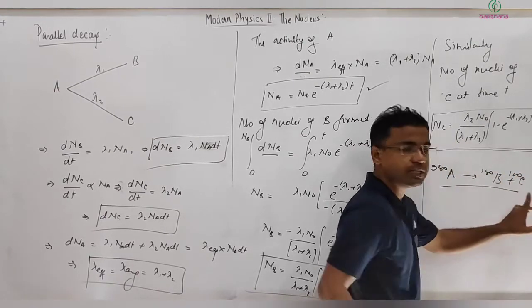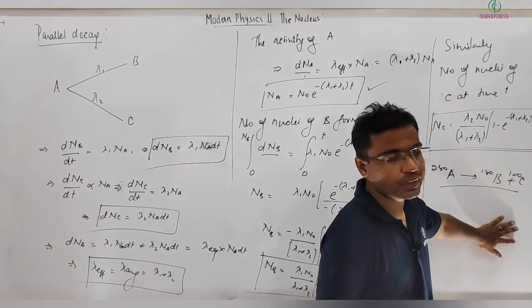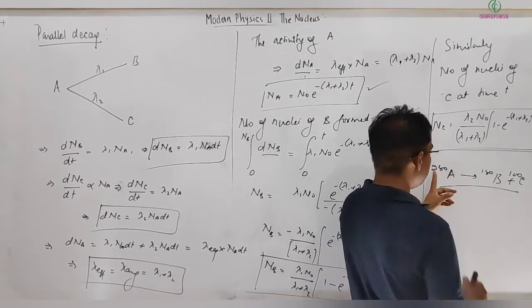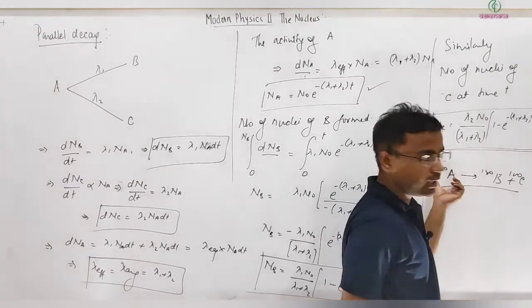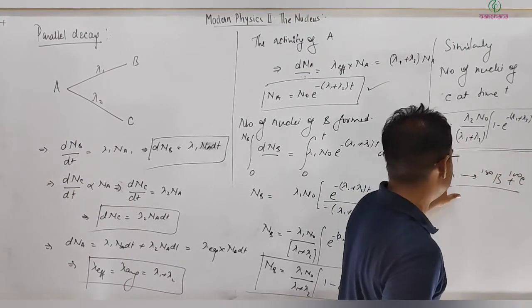This is not the decay. This is not parallel decay. Understand? Here some part of A is converting into B and some part is getting converted into C. So remember that.